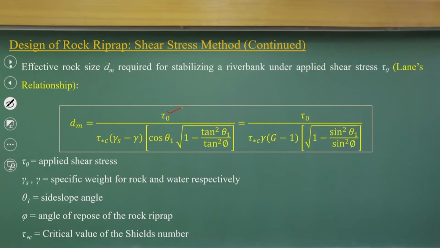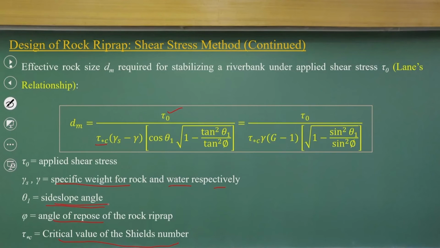As discussed earlier, you will have a critical value of the shear stress. You have the specific weights of the rock and water respectively, and you have the angle of repose and side slope angles. These are functions we already derived in particle stability analysis.